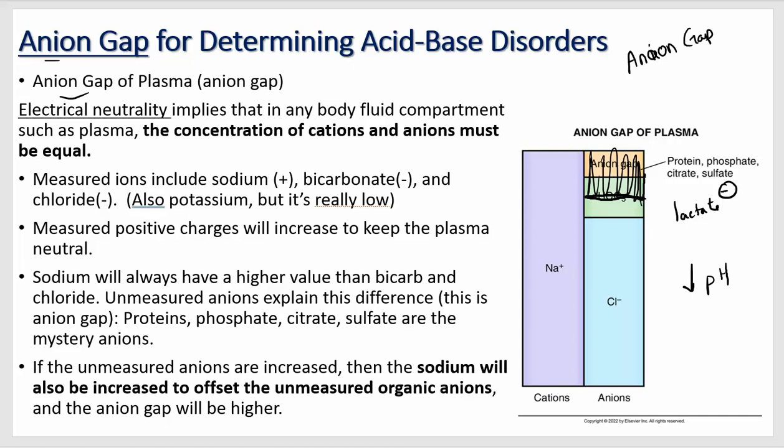Or in the case of diabetes, I mentioned earlier that a lot of times glucose can't get into cells because insulin is not present, so those cells are producing ketones, and those ketones are acidic, and when they lose their hydrogen, they're negatively charged, and so those may be building up.